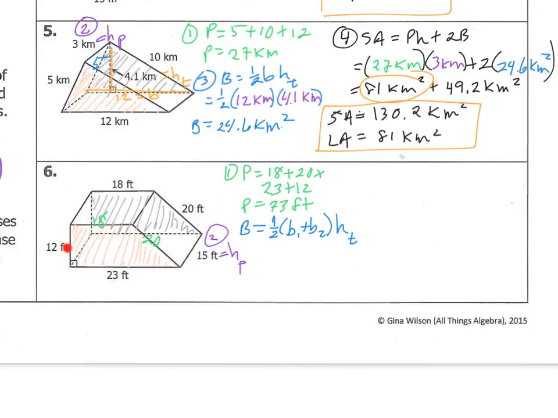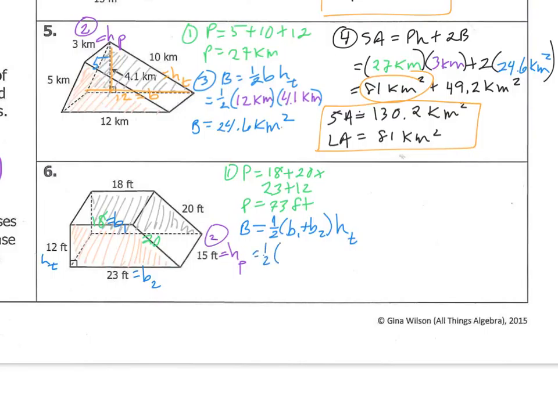And if you trace from base to base, isn't that 12 the height of the trapezoid? That means that this is going to be base 1 and this is going to be base 2, because those are the parallel sides. I don't need the 20 for the area of that base. So then you're going to plug and chug.